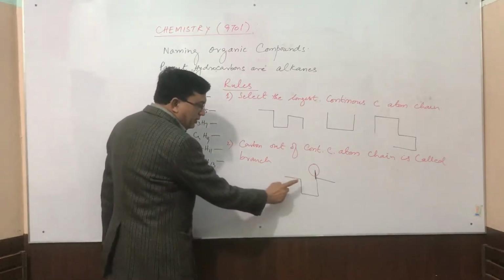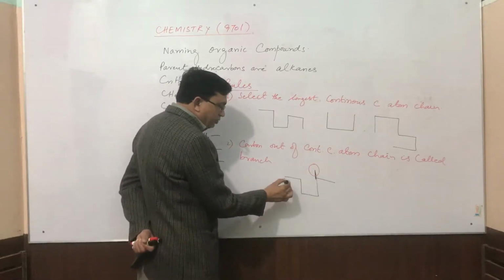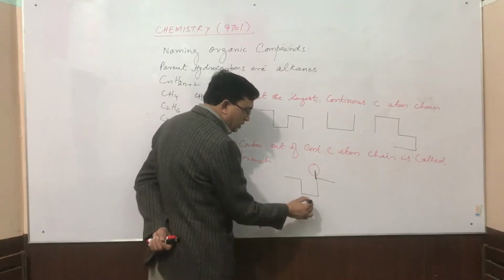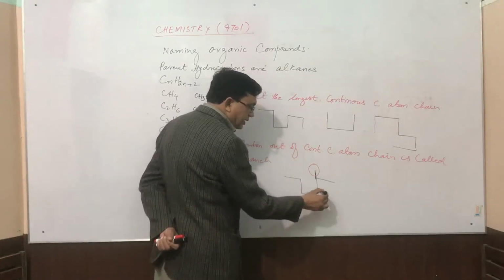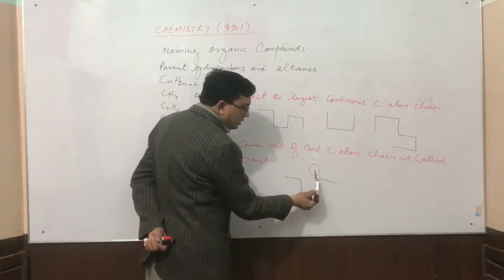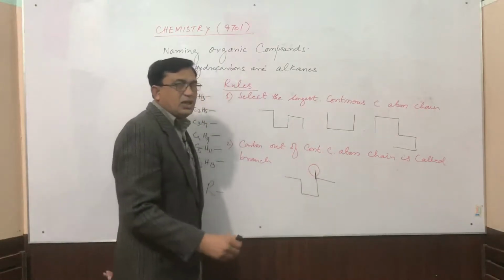Now for example, in this case, this is also a formula. Now we have to place the pencil along the carbon atoms. All these carbon atoms are included in the longest chain, but at this point one carbon is present on this side and one carbon is present on this side.